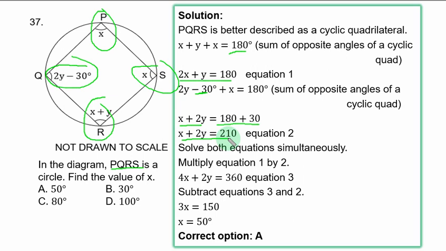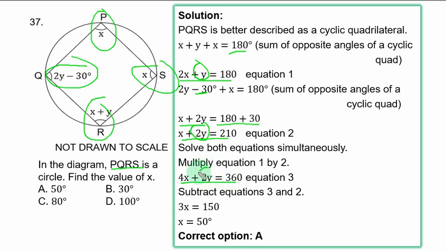Since you are asked to find S, let's eliminate y from both equations. You have to solve the equations simultaneously. So to eliminate y, in equation 1 you have y here, in equation 2 you have 2y. So we need to make y have the same coefficients before we subtract, because the signs are the same. So you have to multiply through equation 1 by 2. If you do that, you have 4S plus 2y equal to 360.